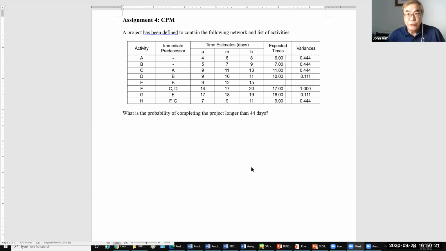When you do the assignment, it's almost the same, similar.